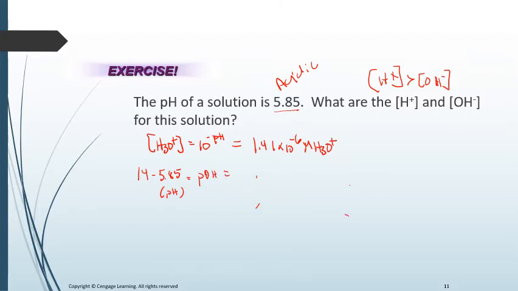If I do that, I end up with 8.15 for my value of the pOH, and I can now take 10 to the negative 8.15 to equal the OH minus concentration. If we do that, we end up with 7.08 times 10 to the negative 9th power.